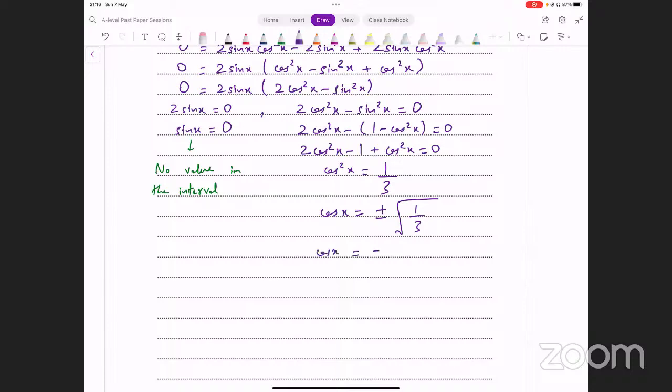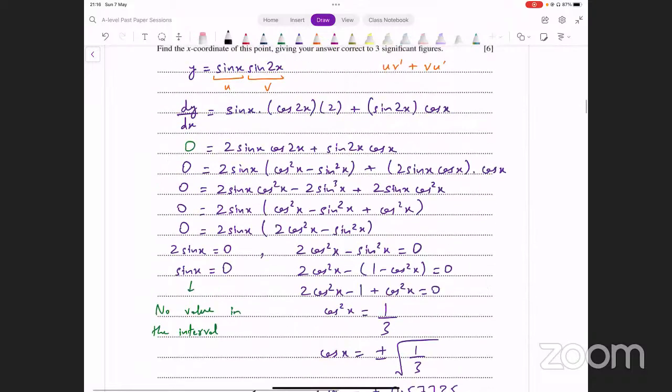So cos of x is plus minus, do not forget plus minus, 0.57735. Okay, अब देखते हैं आप कौन से क्वाड्रेंट में हो सकते हैं. वैसे तो आप किसी भी क्वाड्रेंट में हो सकते हैं because it's plus minus, right? So it can be any of the 4 quadrants.